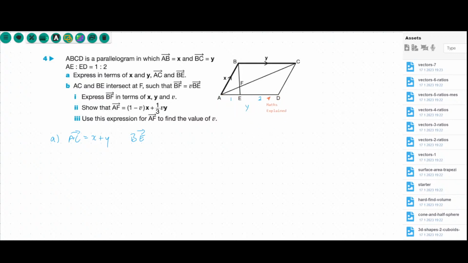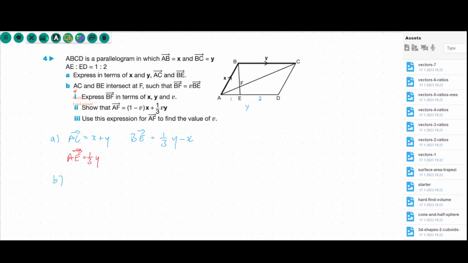AD was y. So AE is a third y. Let's just make a little note as well. AE is a third y. And so then BE is going to be a third y take x. Okay. Alright, so that's part a.